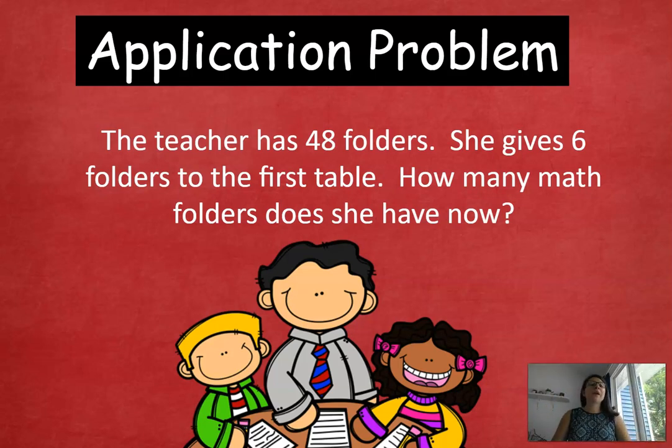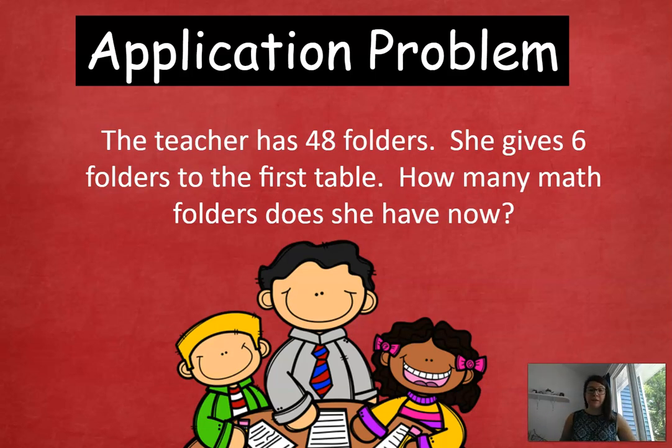Here we go. A teacher has 48 folders. She gives 6 folders to the first table. How many folders does she have now? So picture that. She has 48 folders and she gives 6 away. So think about whether we're adding or subtracting. She has 48, she gives 6 away.